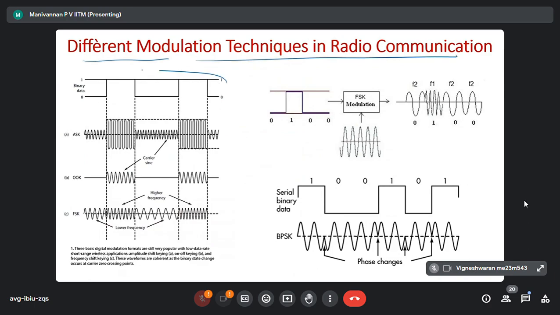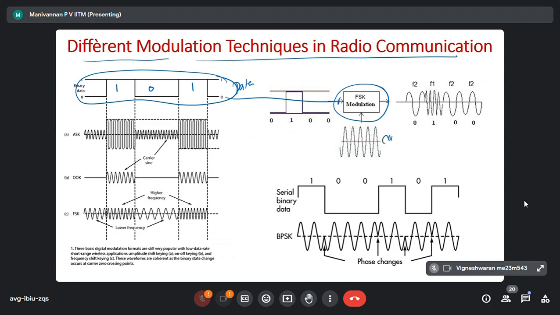So I want to transmit binary data. In a CAN bus, we know our data is like this: 1, 0, and 1. I want to transmit this 3-bit information wirelessly. What I do is send it to an FSK, frequency modulation. This binary data is given as input, and I give a carrier.